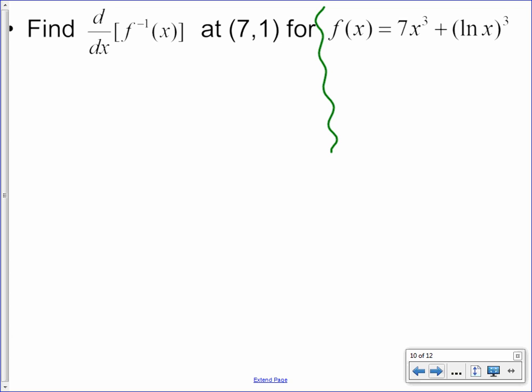If we are evaluating the derivative at 7,1, what does that mean about our function? We have the coordinate 7.